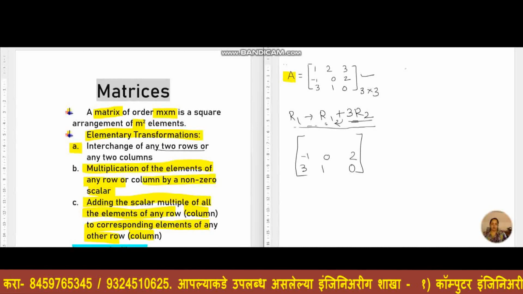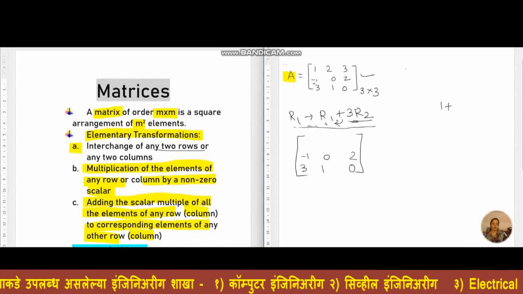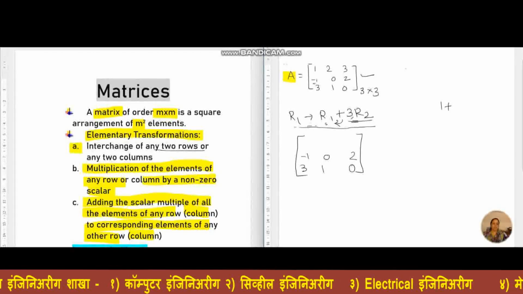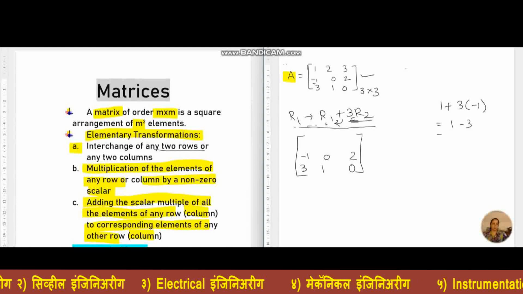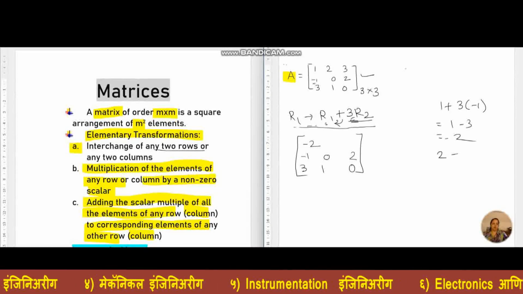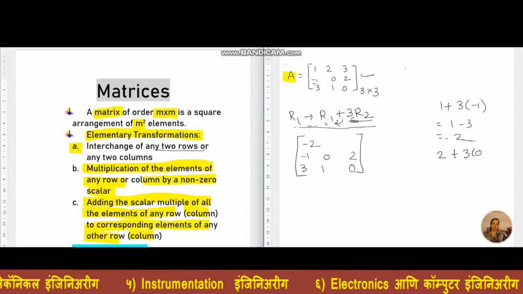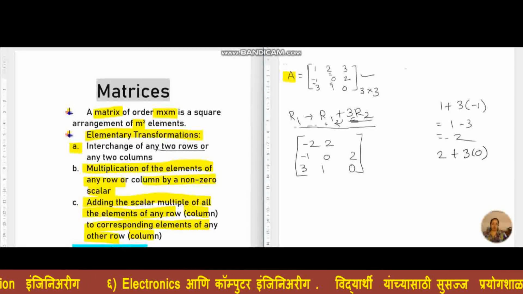The first element of R1 will be 1 plus 3 into minus 1, which is equal to 1 minus 3, which is equal to minus 2. The second element will be 2 plus 3 into 0, which is equal to 2 itself.